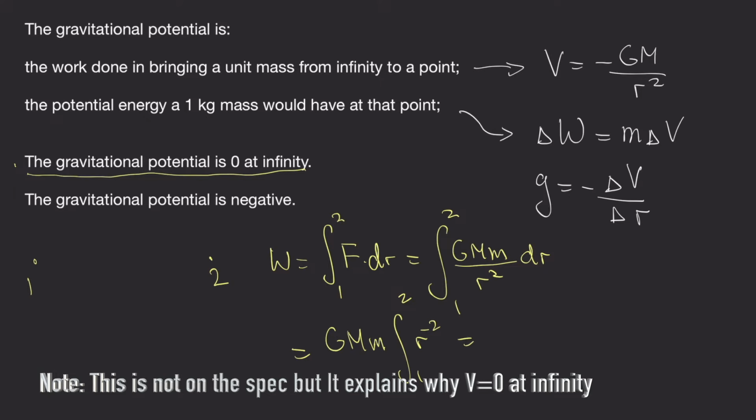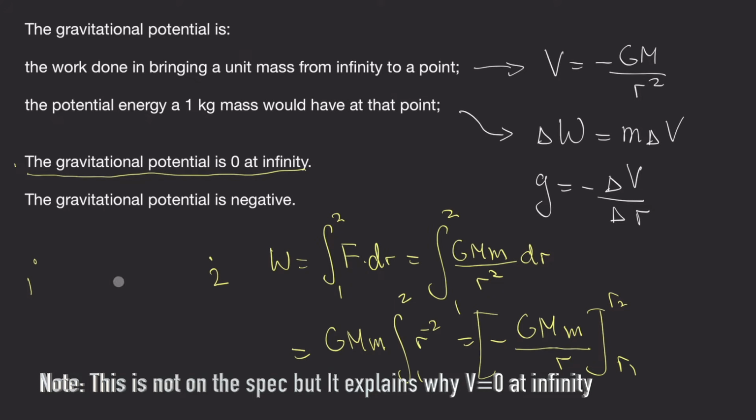Okay, so this here will then be equal to minus GMm, and then the integral of r to the minus 2 is minus 1 over r, so this here is going to be that. Okay, now this has to be evaluated at 2 points, let's say at r2 and then r1.